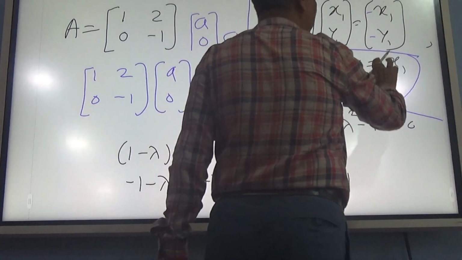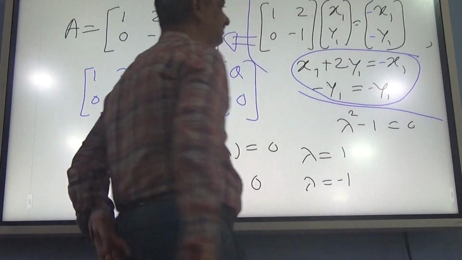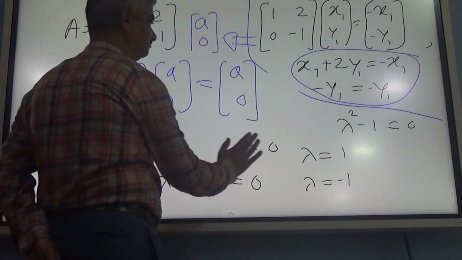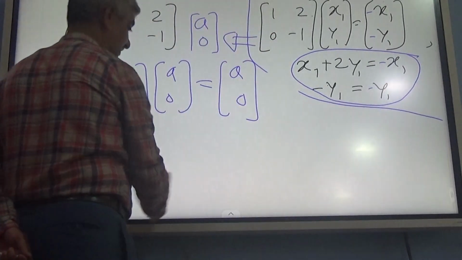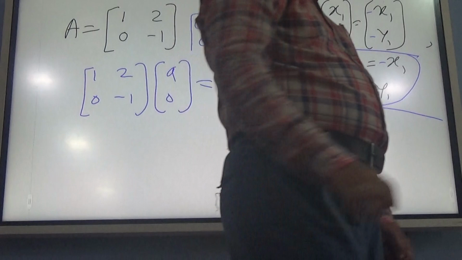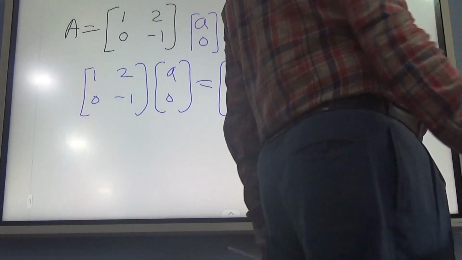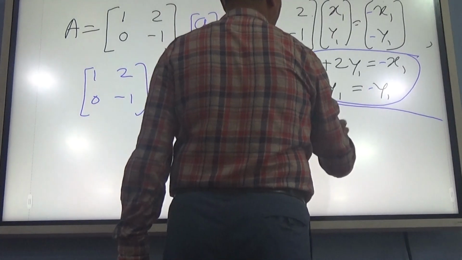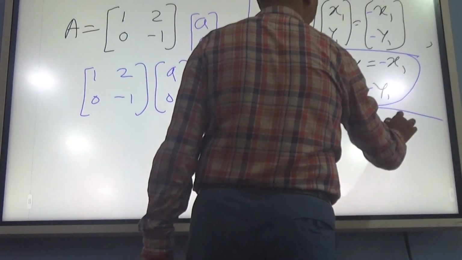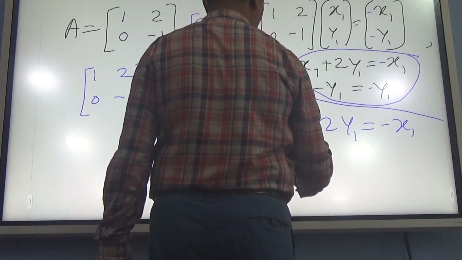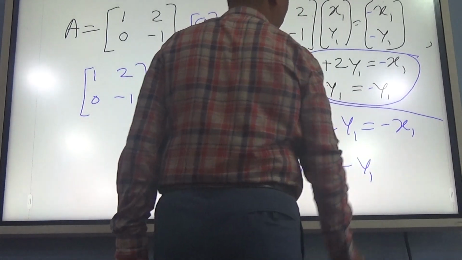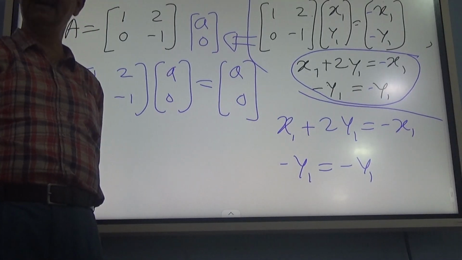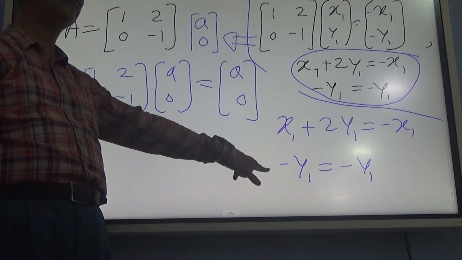How will the equations change? Minus, minus. Now what will happen? Now tell me, now it is your skill. The equations are: x1 plus 2y1 equal to minus x1, and minus y1 equal to minus y1.